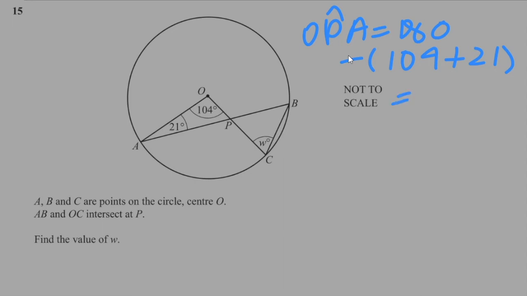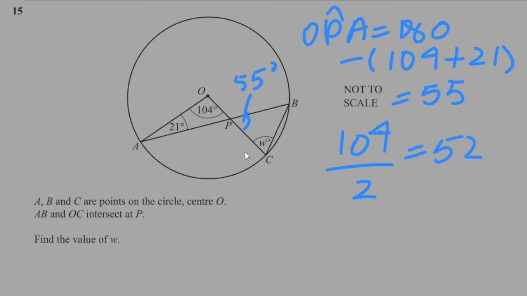and that leaves 55 degrees. So this angle over here, OPA, is going to be equal to BPC because they are vertically opposite angles, which means this angle over here is 55 degrees. Now angle PBC is going to be 104 divided by 2, since the angle at the circumference is half the angle at the center, and that is equal to 52 degrees.